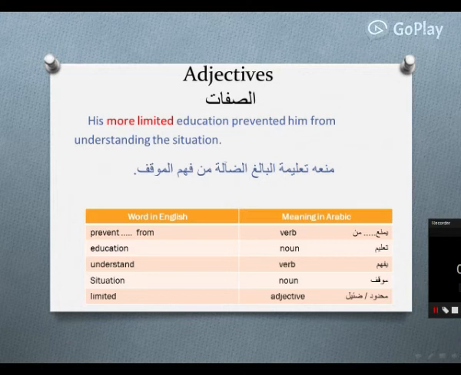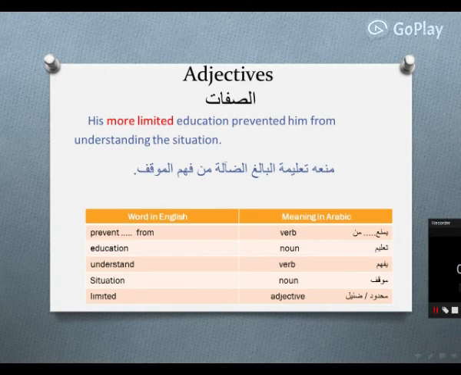So we know limited is محدود, but if we want to translate it like the previous sentence, the style will look weird for the Arabs. So we have got to do something here. We have to look for other alternative options to make this language understandable and not sound strange for the Arabs, for example.